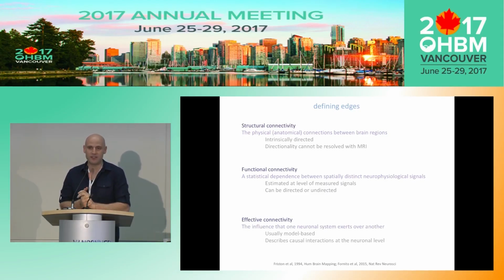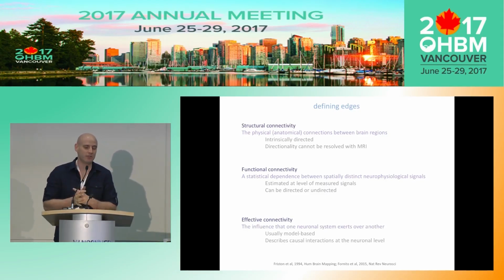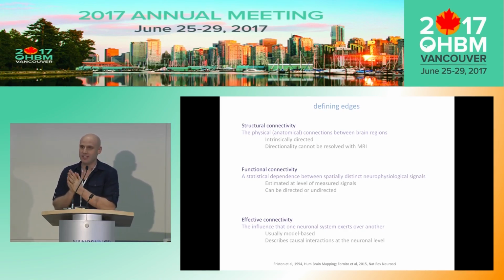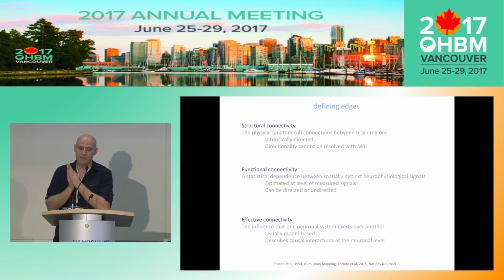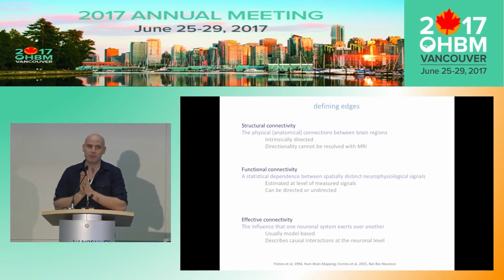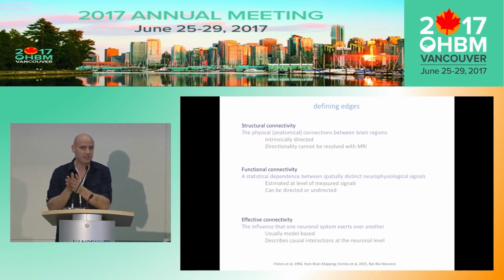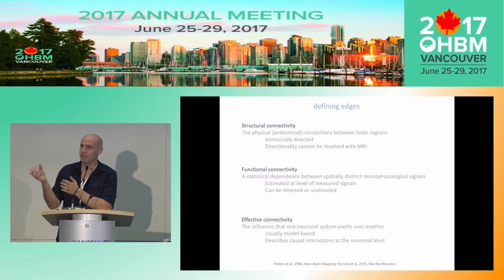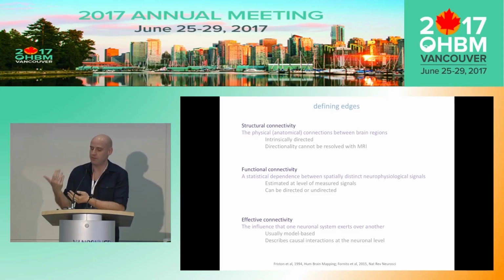Then the final class is effective connectivity. And so this is the influence that one neuronal system exerts over another. And so the key thing here is that we're making inferences at the neuronal level. So if we've got an indirect measure of brain activity, such as BOLD fMRI, then we need some mapping from that measured signal to the neural dynamics that generated them.